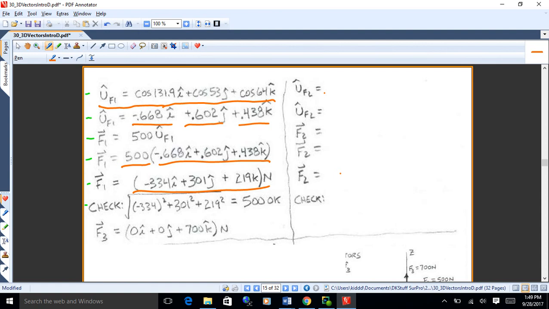So that's how you build a force vector if you know the angles. Take the cosine of the angles and get the unit vector, scale the unit vector up by the magnitude of the force, and that'll get you the force vector. Then I can take the square root of the sum of the squares just to check, and it comes back to 500, so that's pretty good. Okay, that's working. All right.